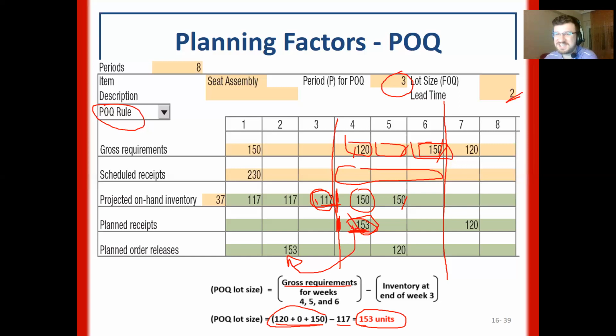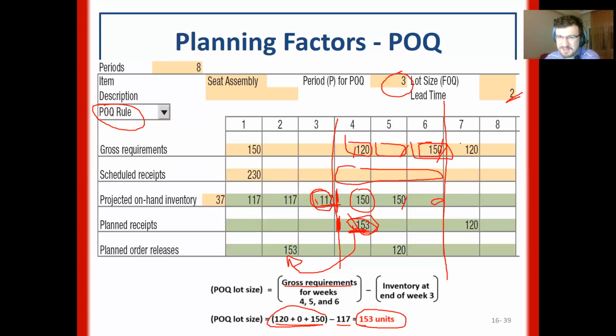So you can easily guess that at the end of the 3-week period, there will be no ending inventory. Why? Because periodic order quantity gives an order with the amount needed to meet 3-week demand or 4-week demand, whatever your period is. So no ending inventory at the end of week 6.